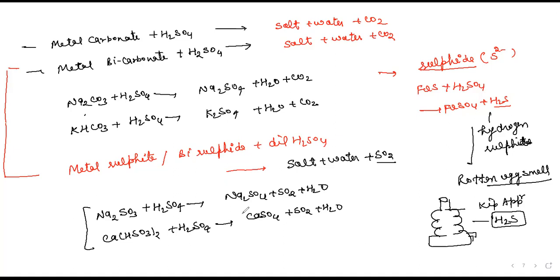Okay, sir. If we take another example, beta, like H2SO4 and copper sulfide reacting. Copper sulfide is black by nature.